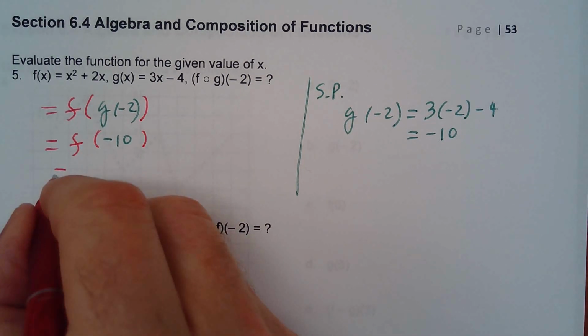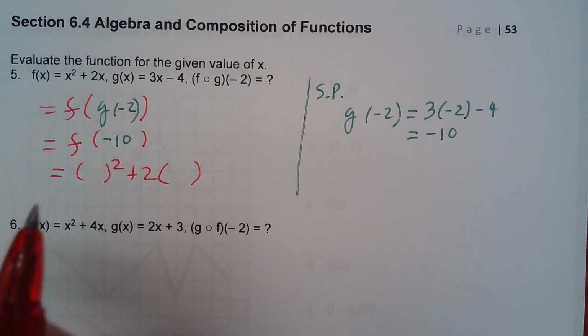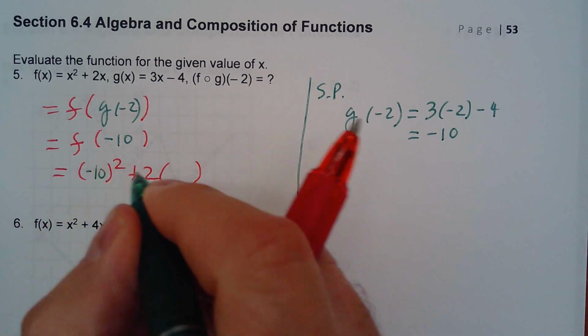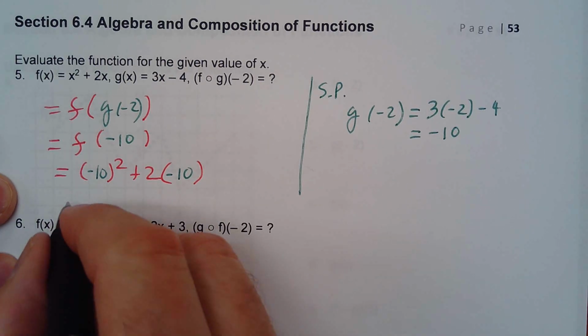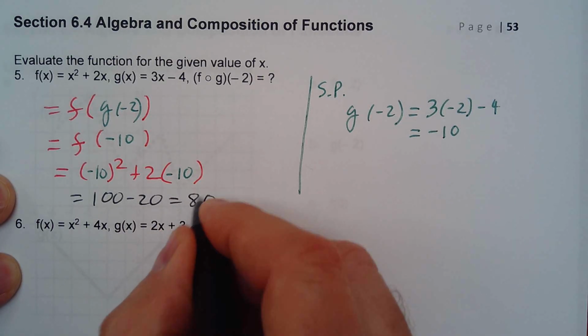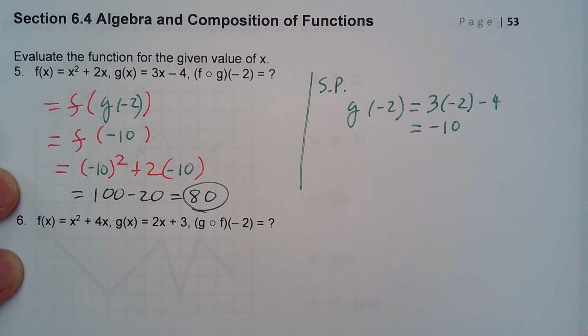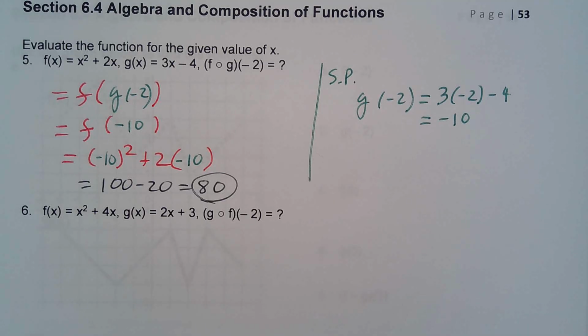So now we're going to plug in. Now here, when I square negative 10, that becomes 100. 2 times negative 10 is negative 20, so I'm going to get 100 minus 20, which is going to give me 80. So that would be our answer.